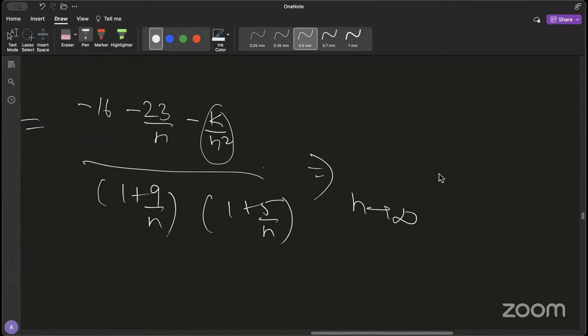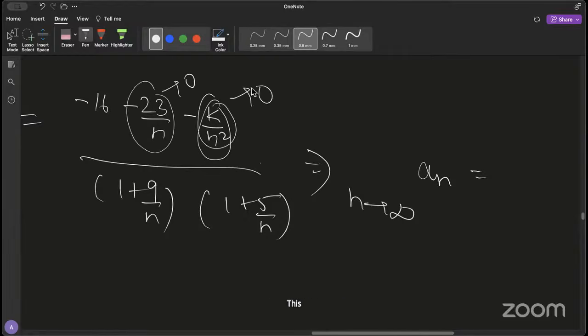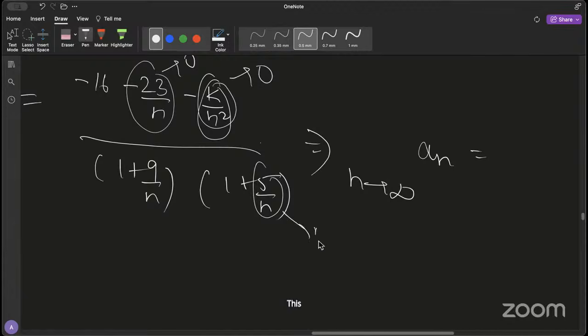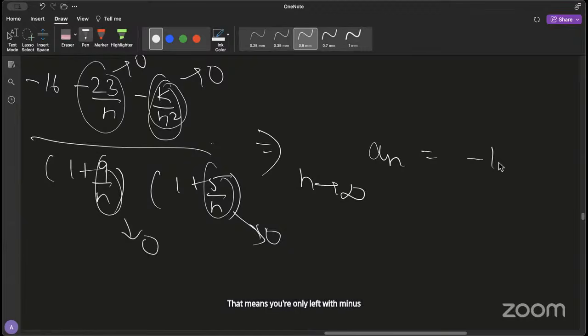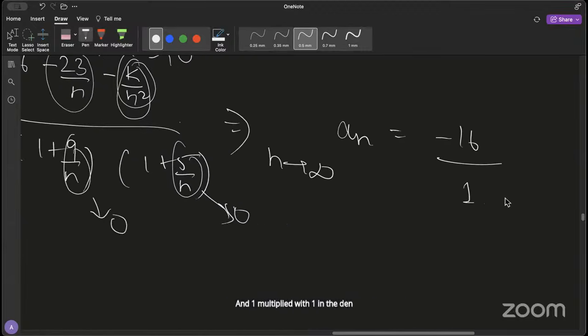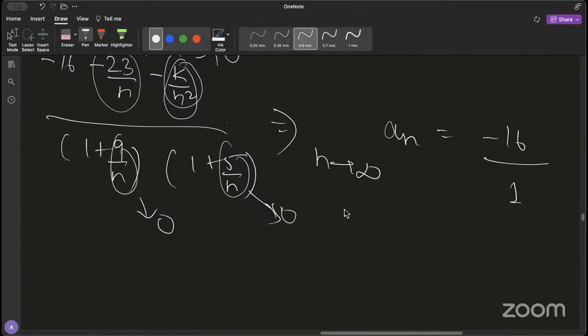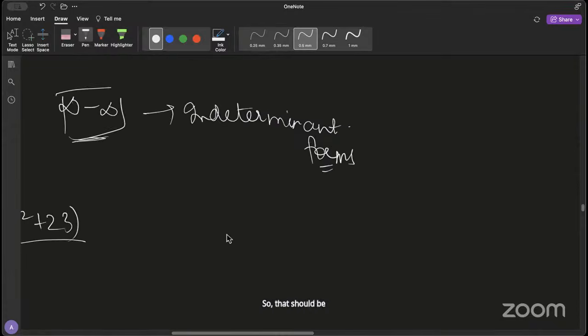Where does this expression go? This is minus 16. This will go to 0. This will go to 0. This will go to 0. And this will also go to 0. That means you're only left with minus 16 in the numerator and 1 multiplied with 1 in the denominator. That means it's minus 16. Yeah. So that should be the answer.